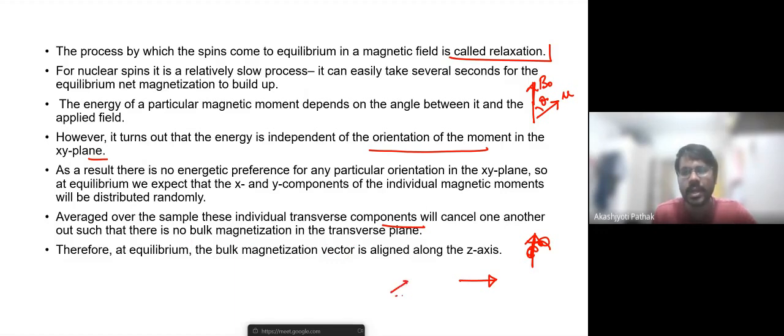If you break up the magnetic moment in three-dimensional space, you get both an xy component and a z component.